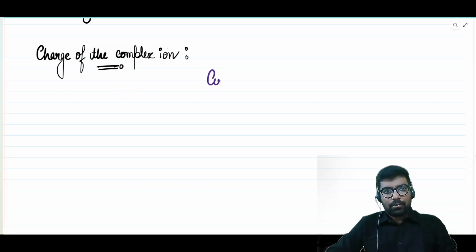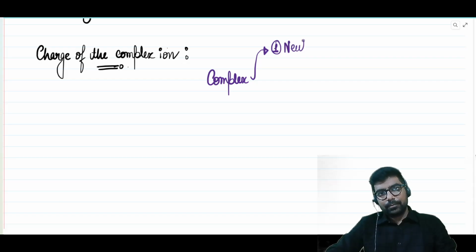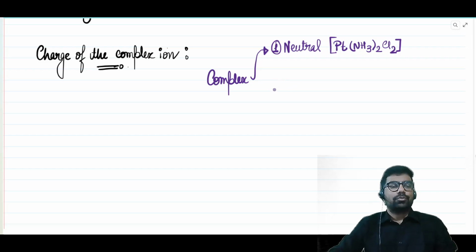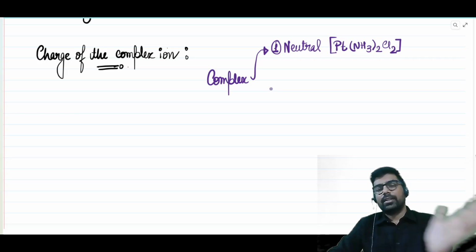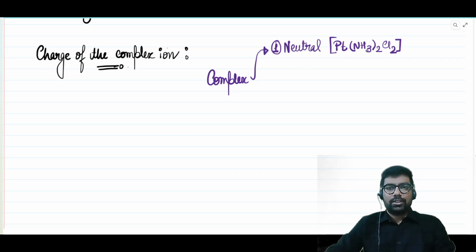First, a complex can be neutral, something like this, Pt. The complex can be neutral. Overall, there is nothing outside, everything is inside the third bracket, everything is inside the coordination sphere, and the overall charge of the coordination sphere is 0. So the complex is neutral.